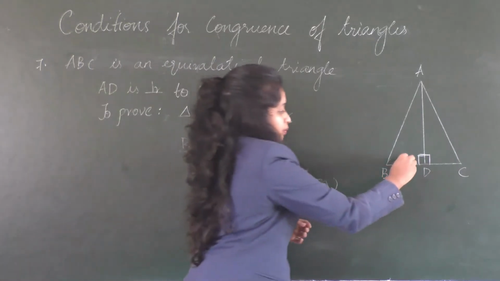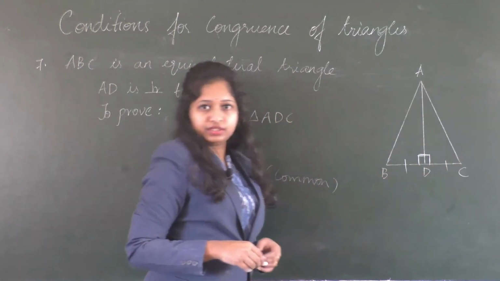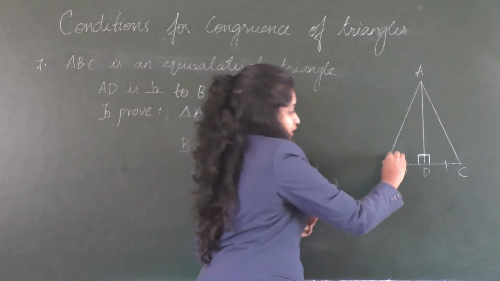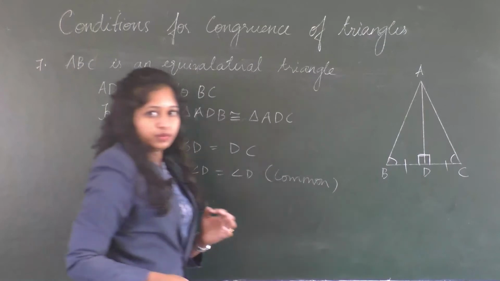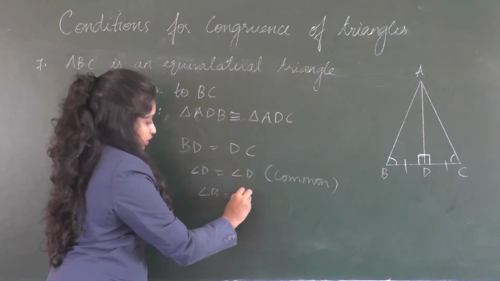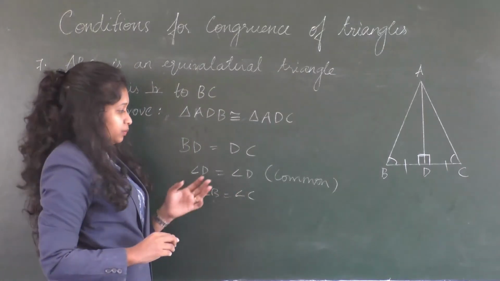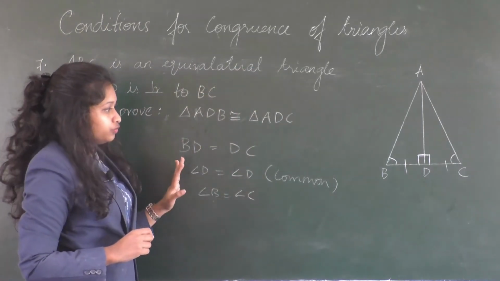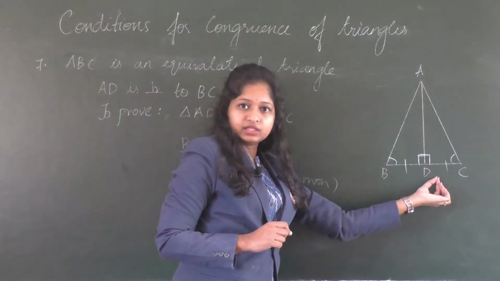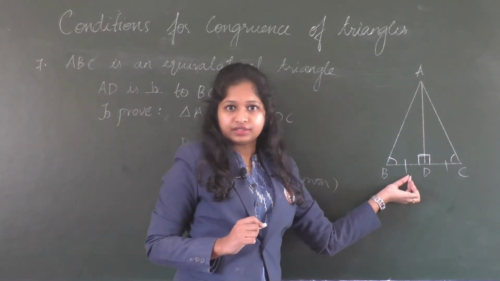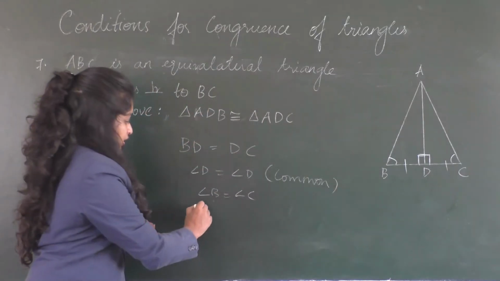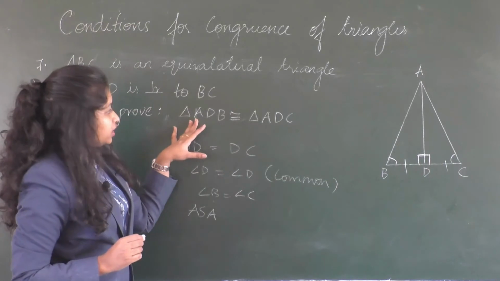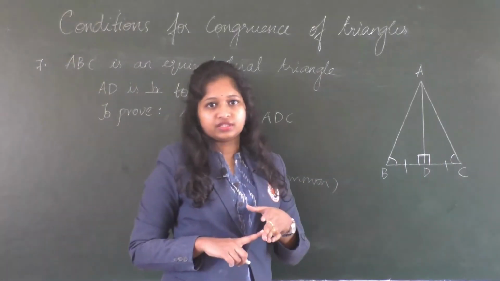Now we got BD equal to DC and angle D. And since this is an equilateral triangle, angle B and angle C will be equal. Now we got two angles and included side. That means by ASA congruence, we can conclude that triangle ADB is congruent to triangle ADC.